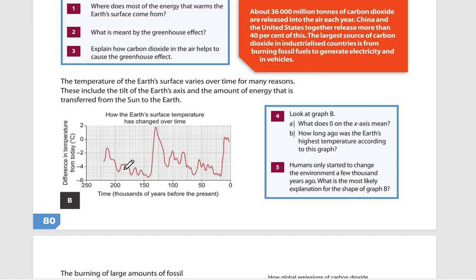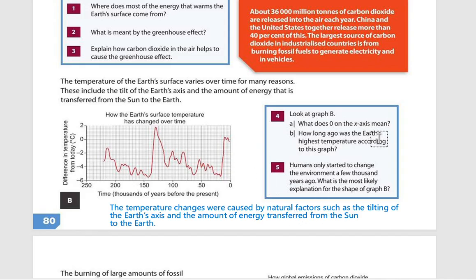And what has happened to the temperature from time to time? You can see it's going down, very cold, again it's rising, again it's getting colder, again going down, again getting colder, and then at once there's a spike. What do you think is the reason for this?